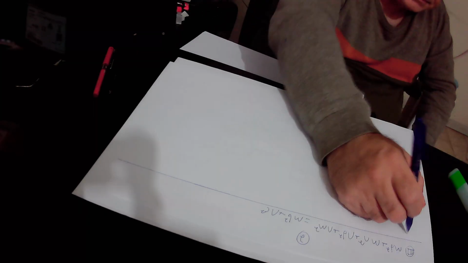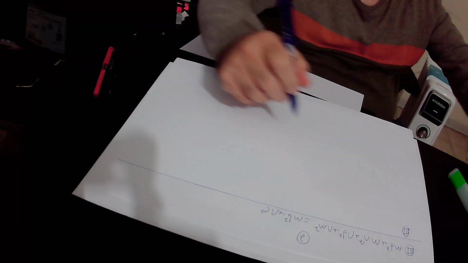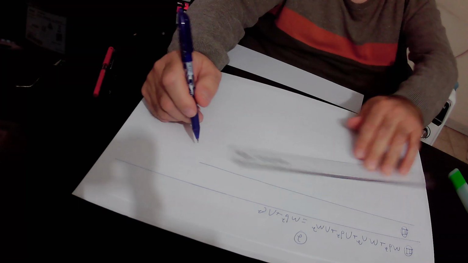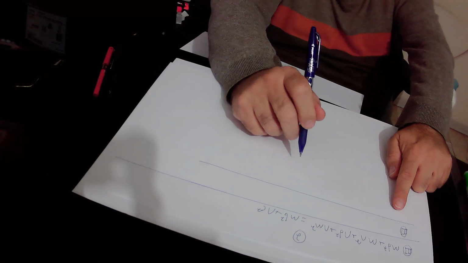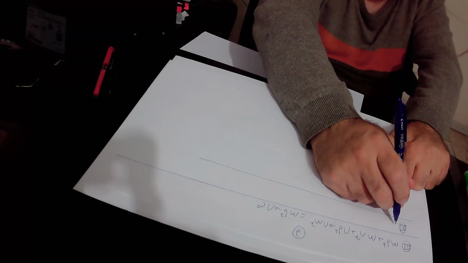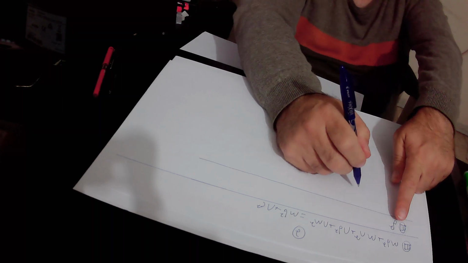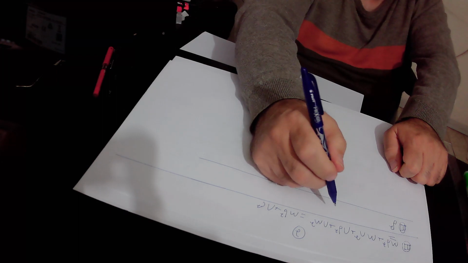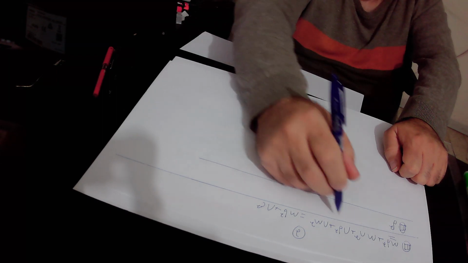In the next step, we take this square out as a common factor from md square and also from nd square.